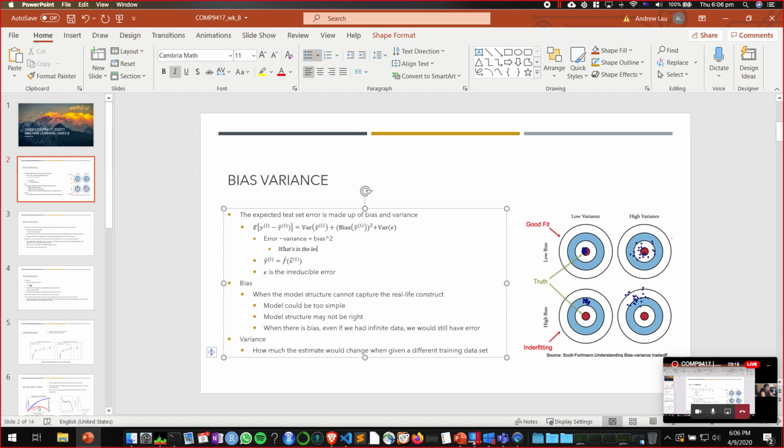But the full formulation, or the more technical definition, is this one here. But you don't need to worry about that. This is all you really need to know, that the error of a particular model can be broken down into the variance and the bias. And this is the more mathematical, technical definition.